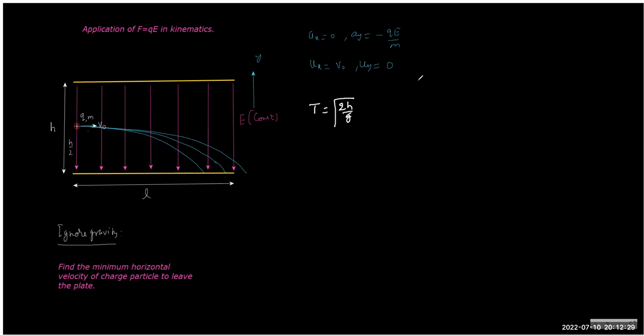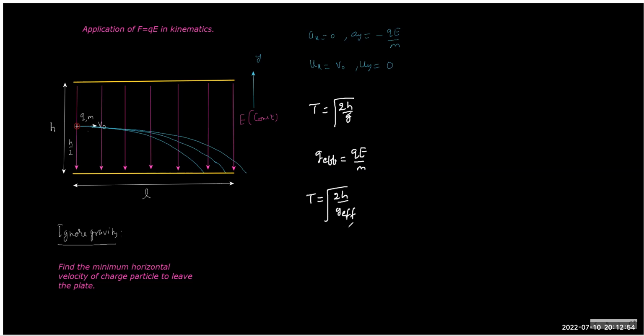You can think that we have something called g effective, which is qE by m. So now you can rewrite the answer as root of 2h by g effective. If you also consider gravity, you have to add g. This is optional, depending on the situation; if you see it in the options, you can add g also.